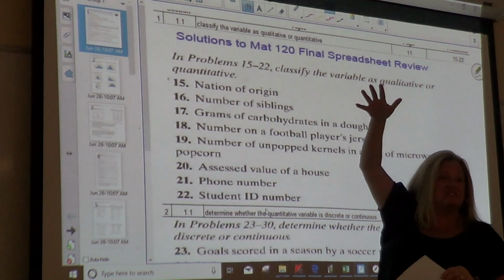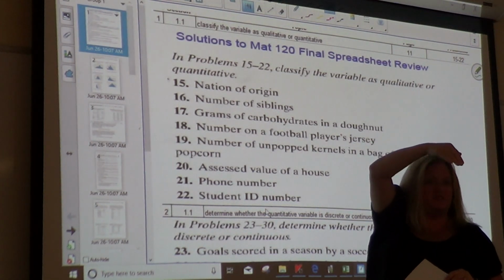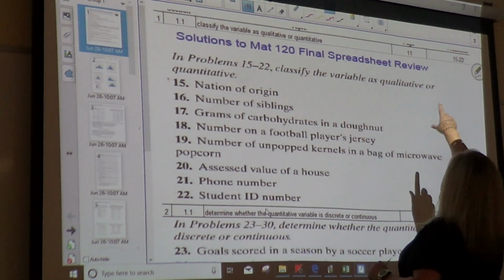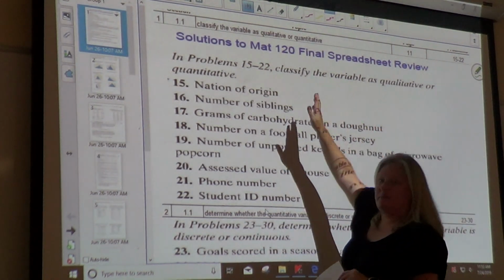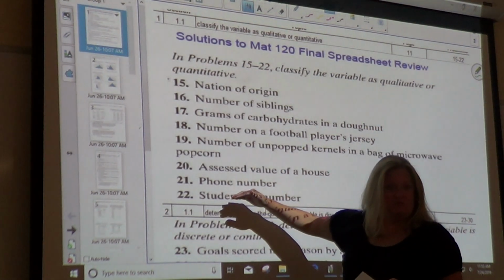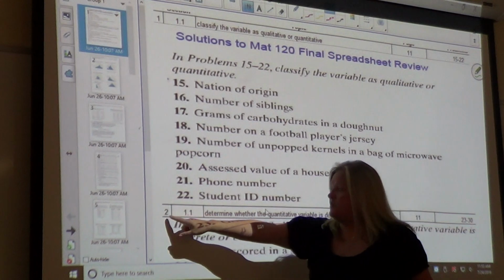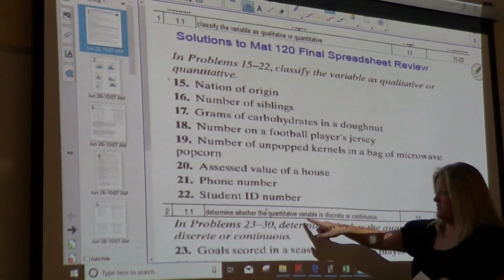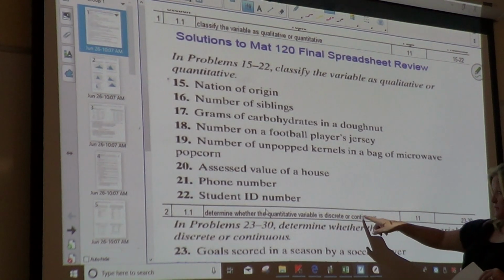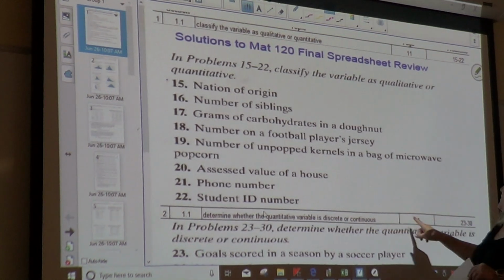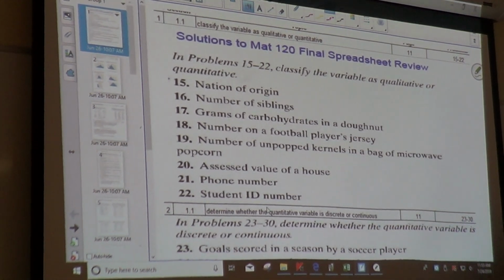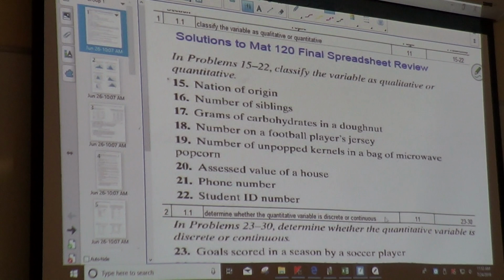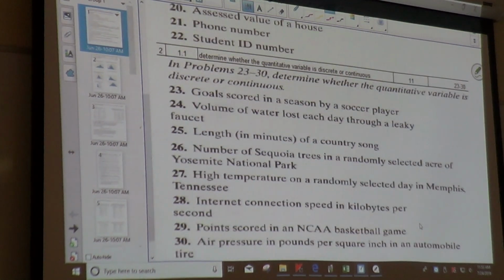It's exactly like I did off of, not the last test, but the test before. I went to page 11 in the book and copied problems 15 through 22. Number 2 on the spreadsheet says, determine whether the quantitative variable is discrete or continuous. Problems 23 through 30. So I went to that page and pulled off problems 23 through 30.